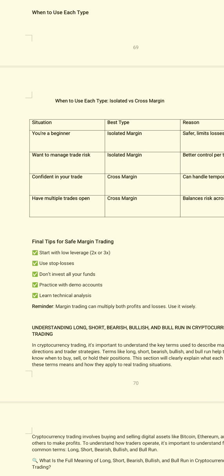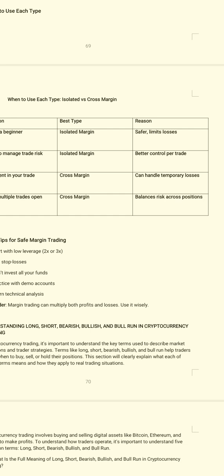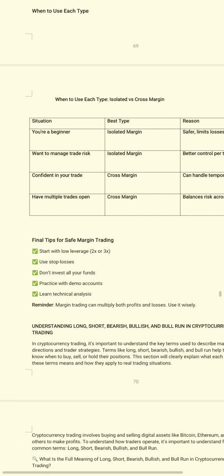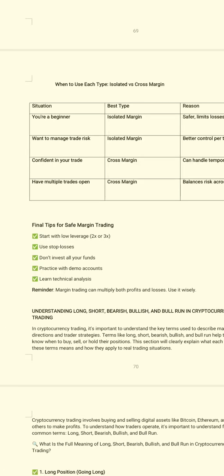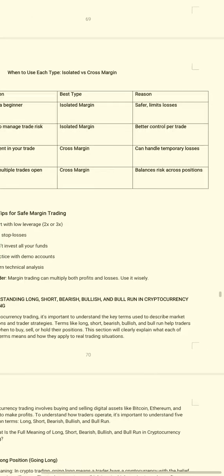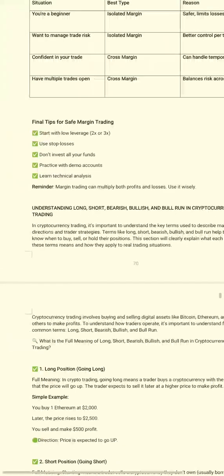Then the situation, if you want to manage risk, use isolated margin. It's better to control all your trades. Confidence in your trade, cross margin. If you want to have confidence, cross margin. Then if you have multiple trades open, use cross margin. It's good for multiple trades.